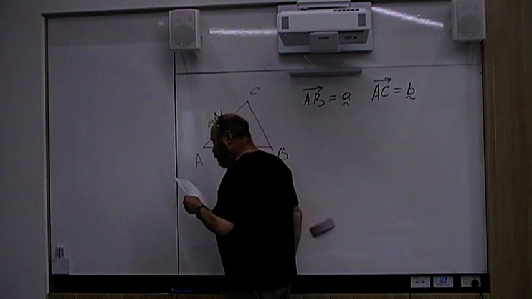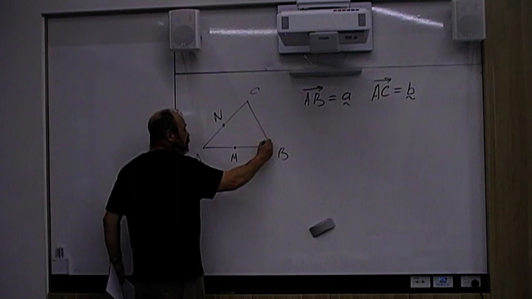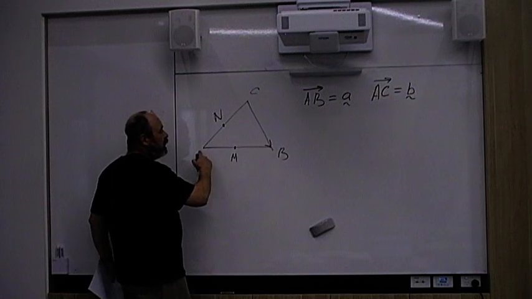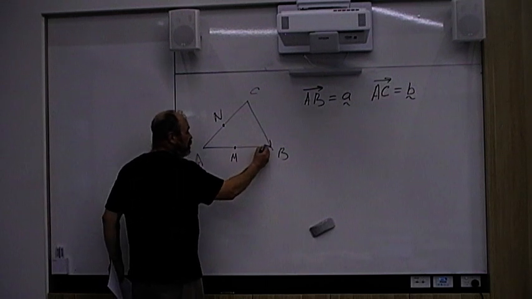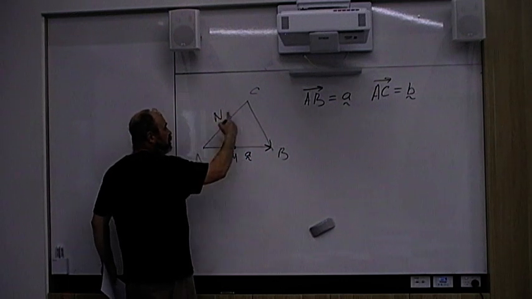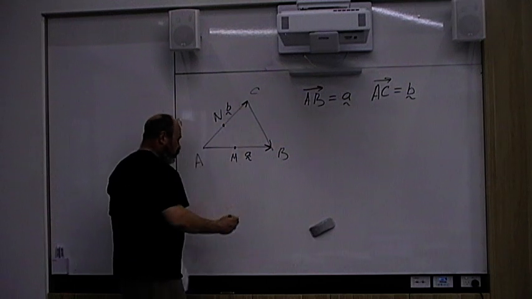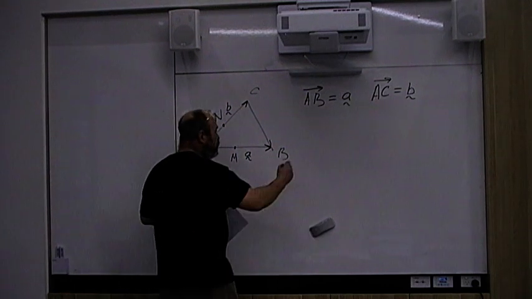And what will be vector CB? So vector AB is A, vector AC is B. What will be vector CB?